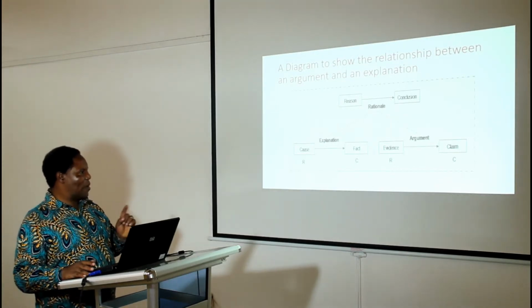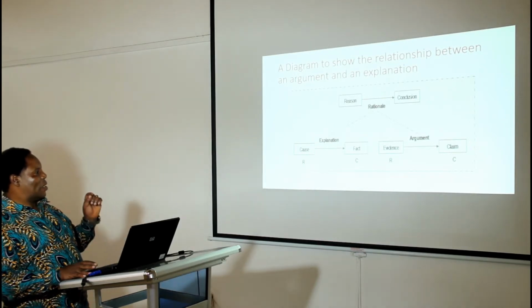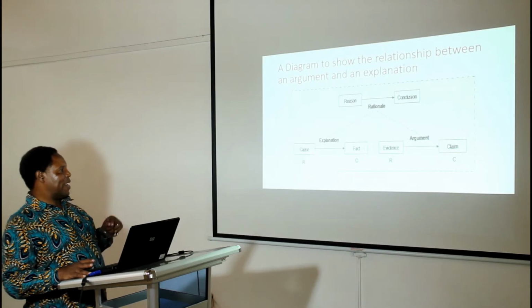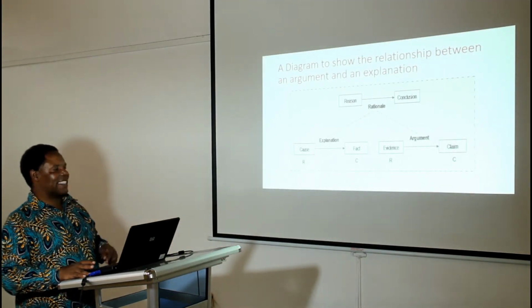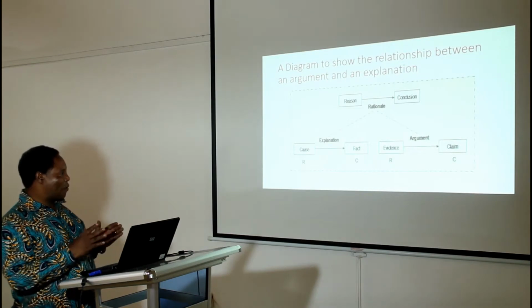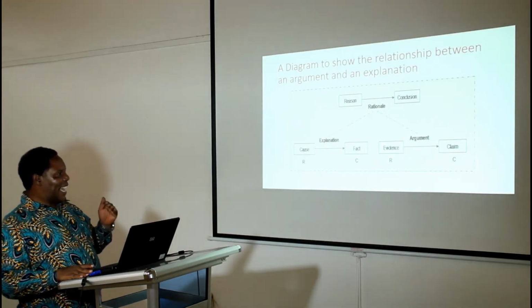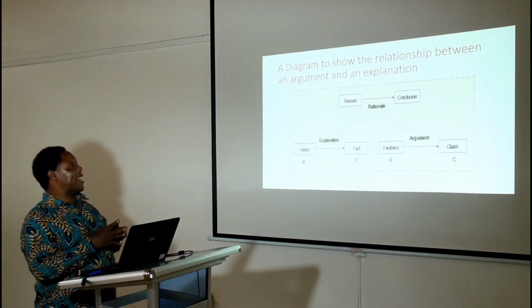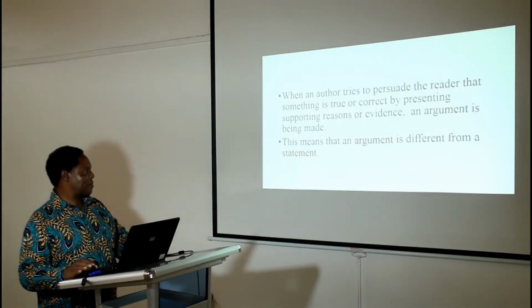So once an argument is made, you will have the cause, the fact, and then the evidence and the claim. These will be explained in order to make a clear argument.